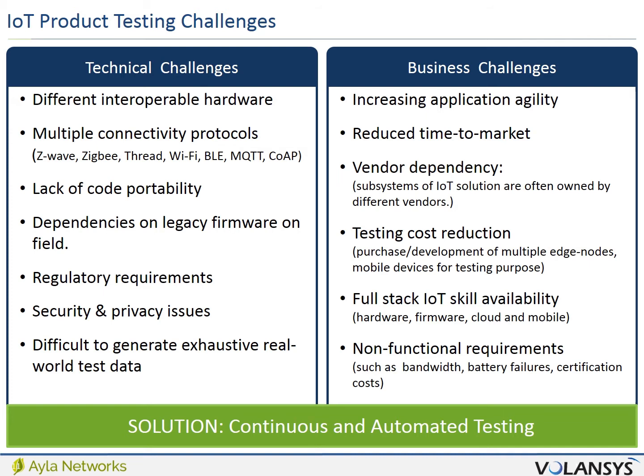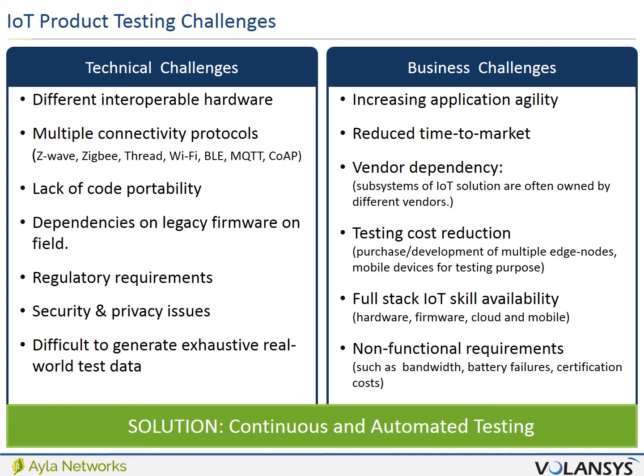Also, there are various regulatory requirements to comply with. We need to take care of the security of data being transferred, and user privacy also needs to be ensured. On the business side, making an IoT product involves a lot of deals, and it requires a lot of vendor dependencies.